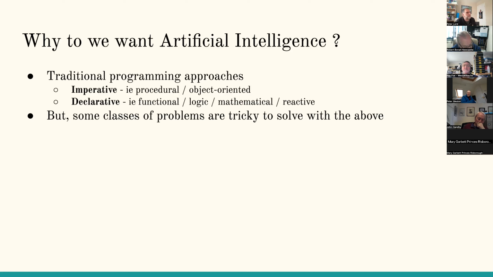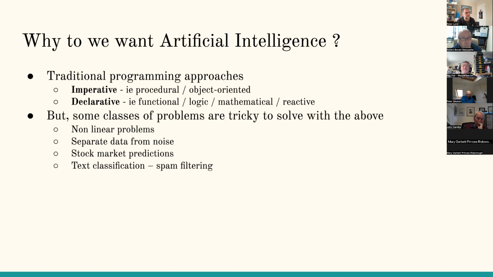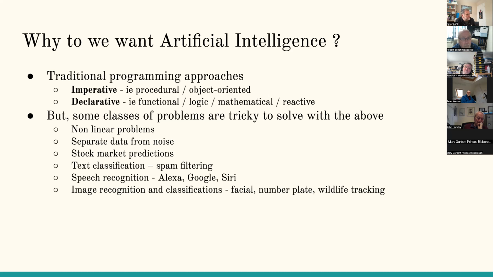The problem we've got is those traditional ways to program computers don't work very well on some classes of problems. So if you think about things like nonlinear problems, where you're separating data from noise, maybe stock market predictions, text classification, such as spam filtering, speech recognition, image recognition, for example, trying to distinguish between a blackbird or a fox in your back garden.